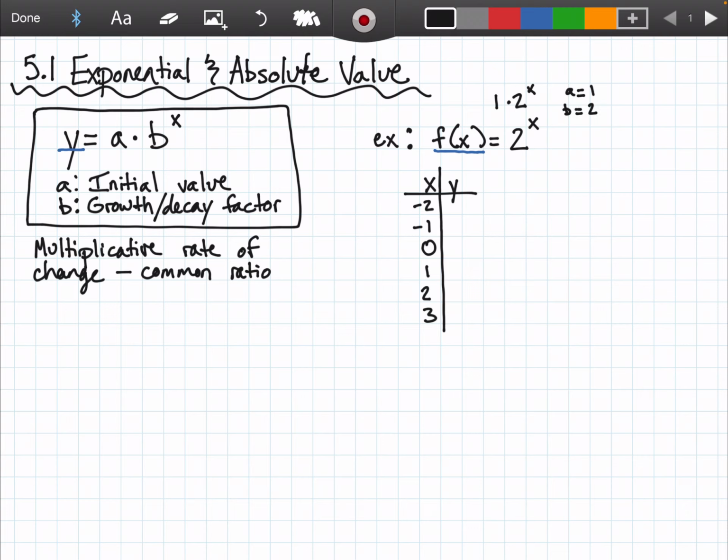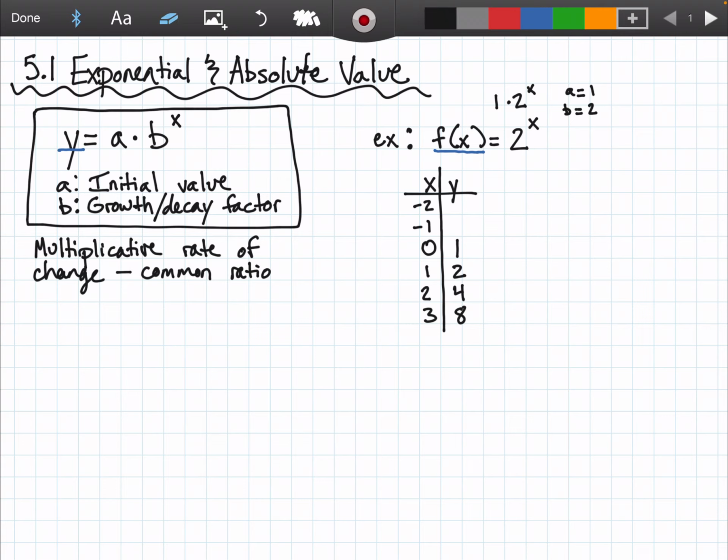And so we need to see how we can tell if this is growth or decay. If I start plugging in numbers, I'm going to start with 2 to the 0 because I know that anything to the 0 power is 1. Now if I plug in 1, 2 to the first power is 2. If I plug in 2, 2 squared is 4. If I plug in 3, 2 cubed is 8. You see how I am multiplying by 2 every time as I go down the table?